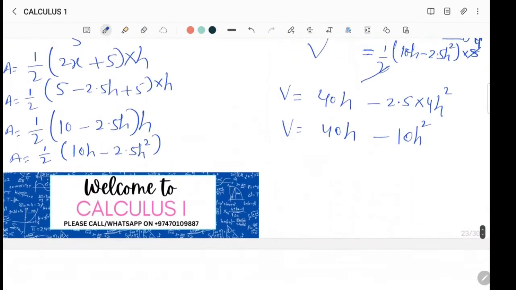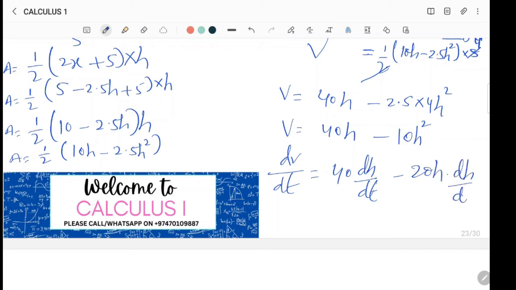So we have to differentiate this with respect to time. dV over dt is 40 times dh over dt minus 20h dh over dt, right? 10 times 2, so that will be 20h dh over dt.